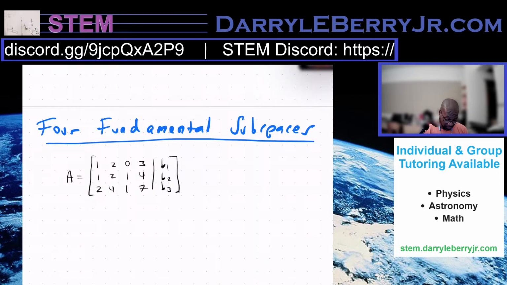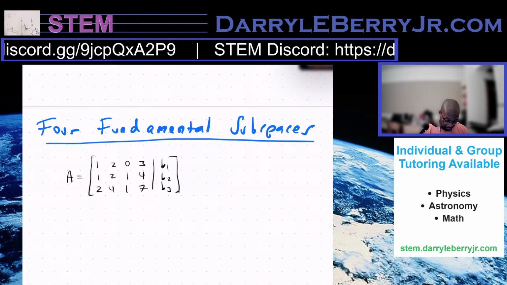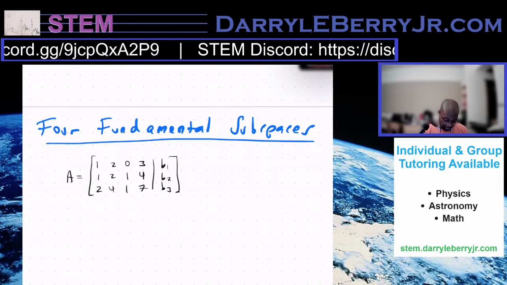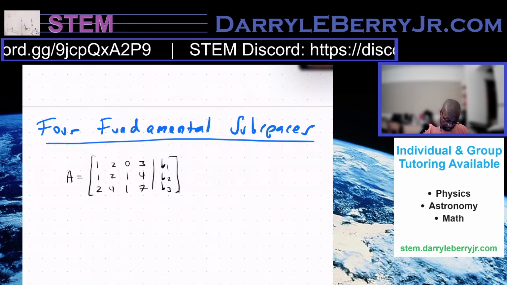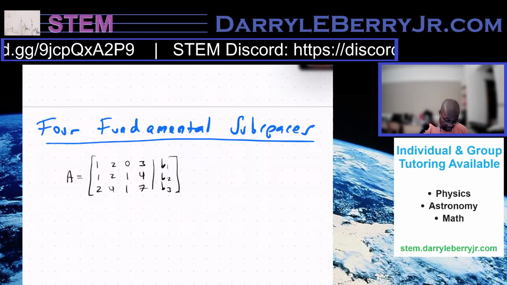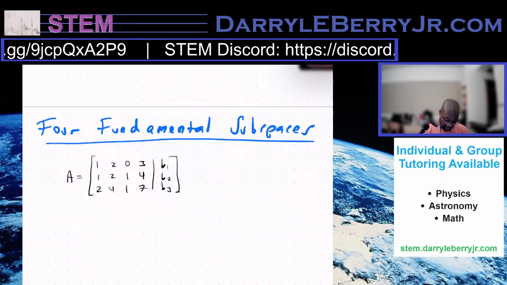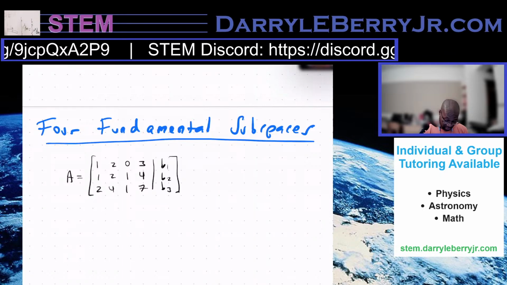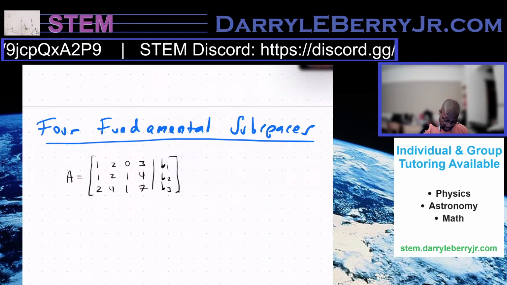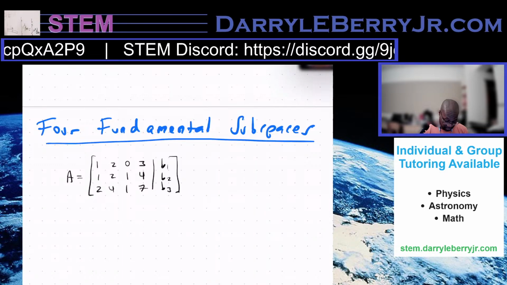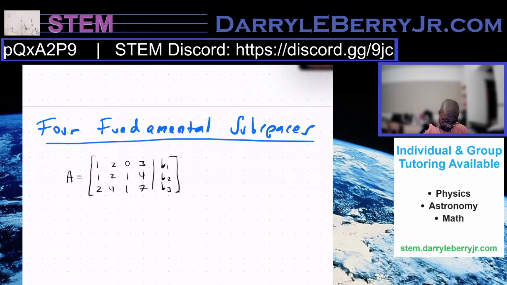And then we'll do row 3 minus row 2 as the new row 3. So that's going to give us 1, 2, 0, 3, B1, then 0, 0, 1, 1, B2 minus B1, then 0, 0, 0, 0.